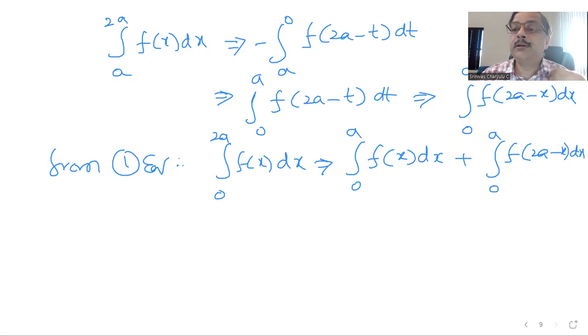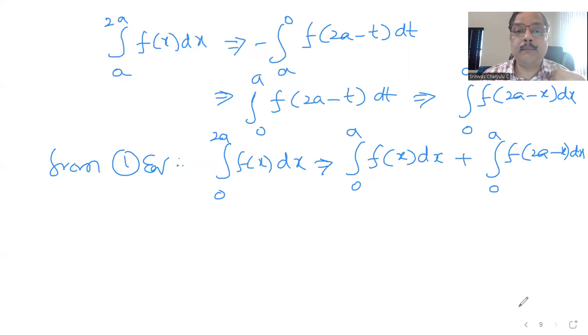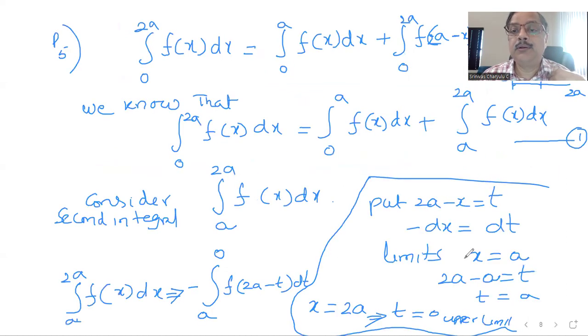Understood, no? If you do it 2-3 times, you'll understand very clearly. This is the proof that we are having here. So this one we have considered like this. Completed, no? Same thing we have done.